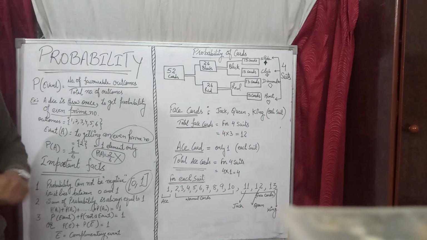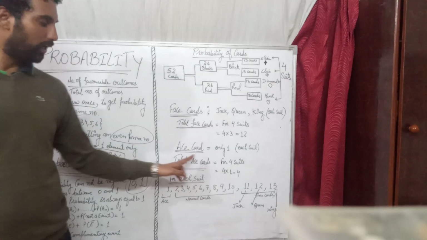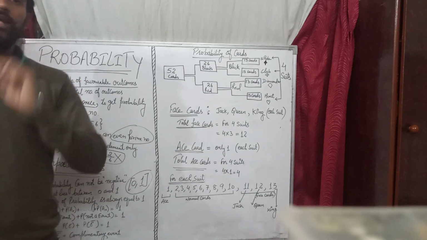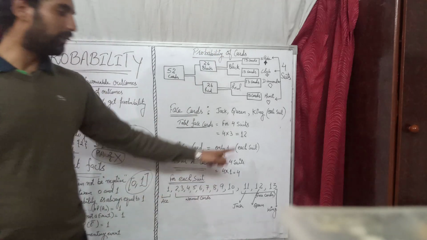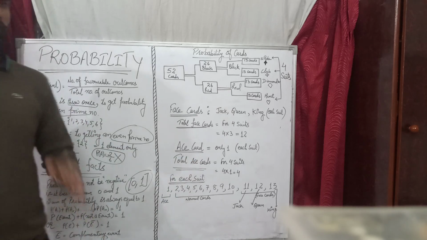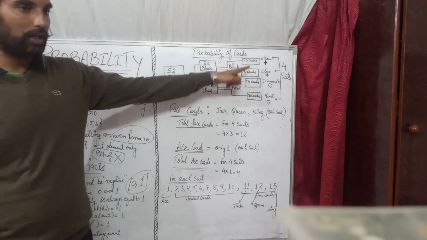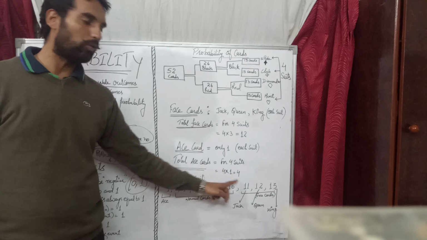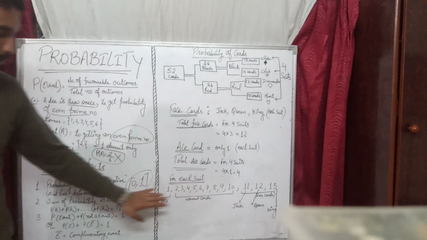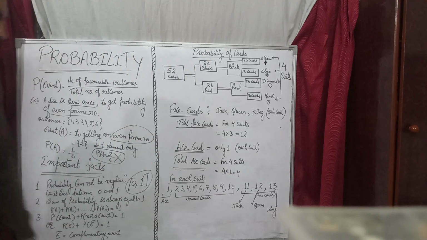In the same way we have ace, only one ace from 1 to 13 for each suit. And total ace cards we have 4, because we have one for each of the 4 suits, so 4 into 1 is 4.